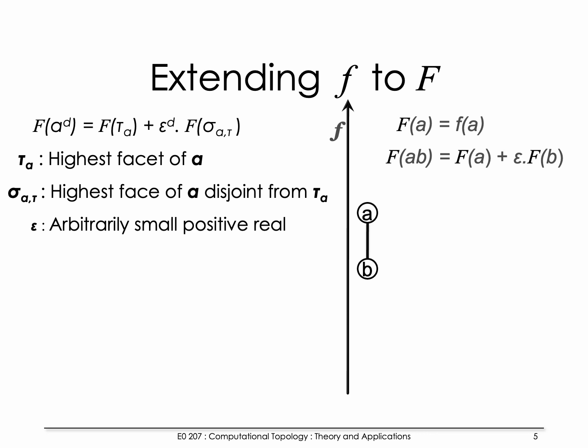The highest facet is A here. Note that the function values on the vertices are denoted by their y coordinates, so small f increases in the vertical direction. So capital F of AB is equal to capital F of A, which is the highest facet of AB, plus epsilon times f of the highest face of AB which is disjoint from A, namely B.